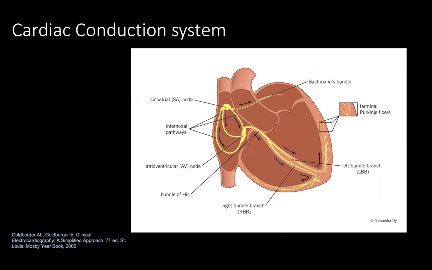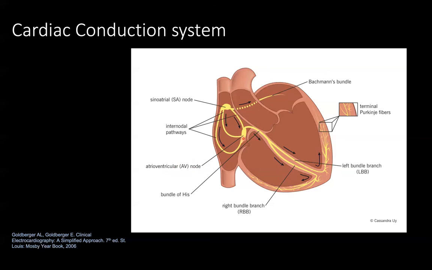in our heart. Once the sinoatrial node makes electrical activity, the electrical activity will spread evenly to the right atrium and also the left atrium through Bachmann's bundle. Then all of this electricity will come into the atrioventricular node.